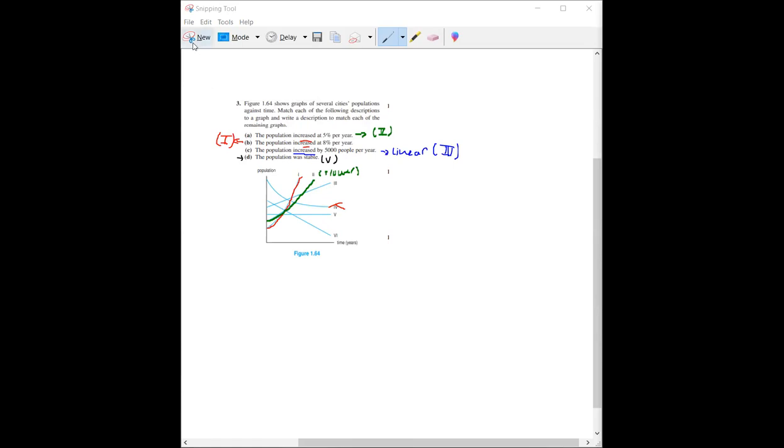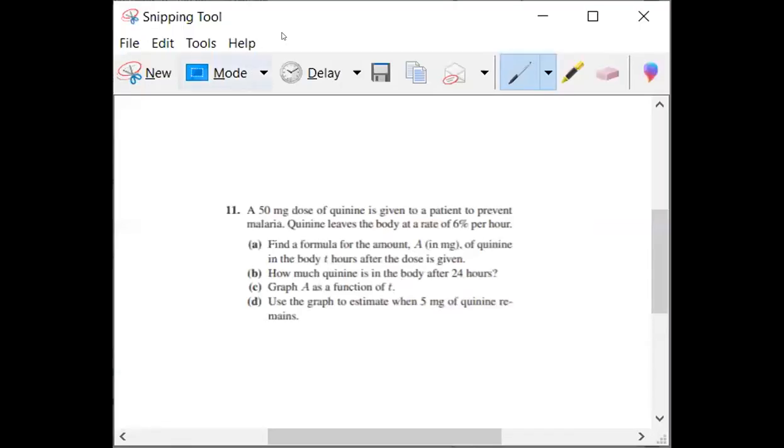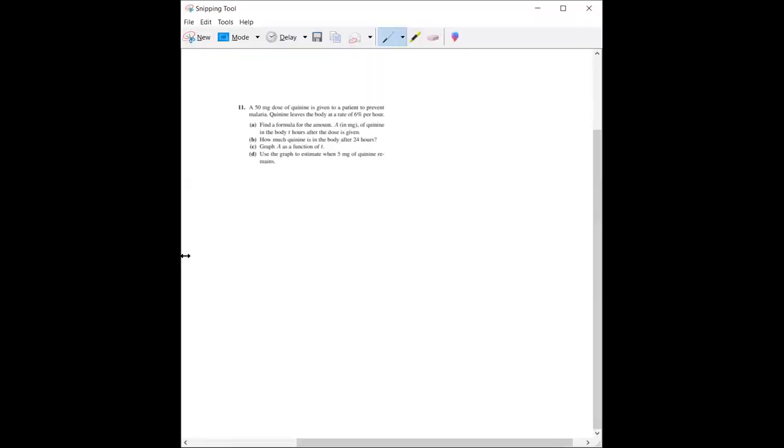Let's try this one. We're not going to do all of the problems. Actually, maybe we should. Let's think about this one. We're not going to do the entire graphing, but we can at least think about what this graph looks like.